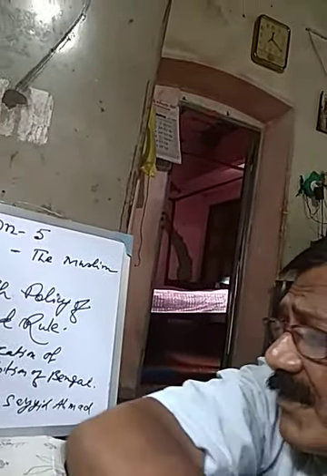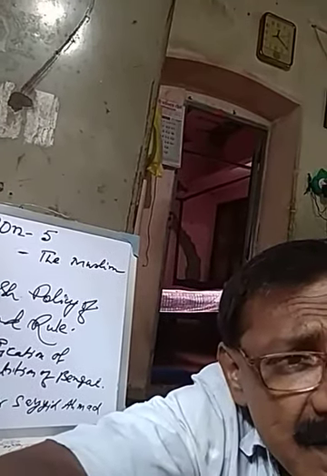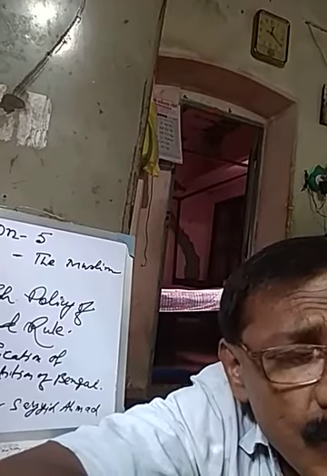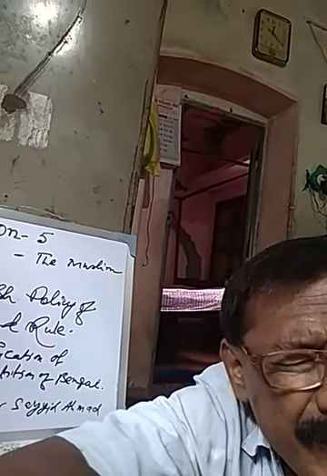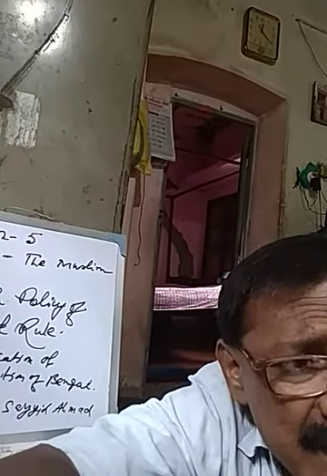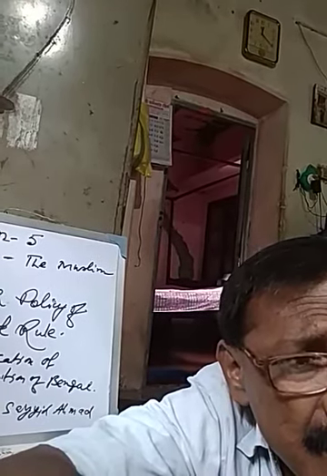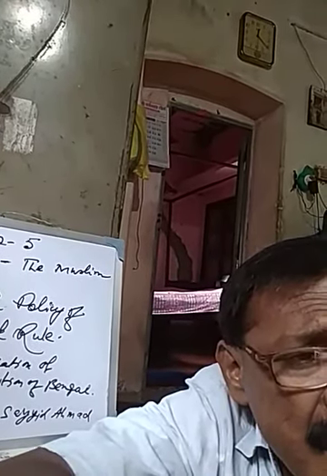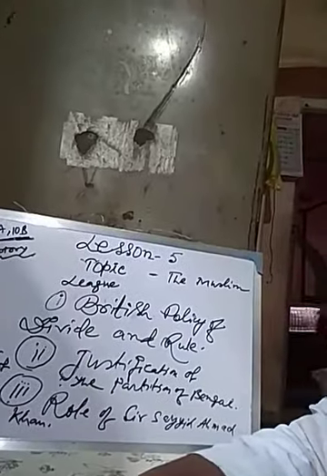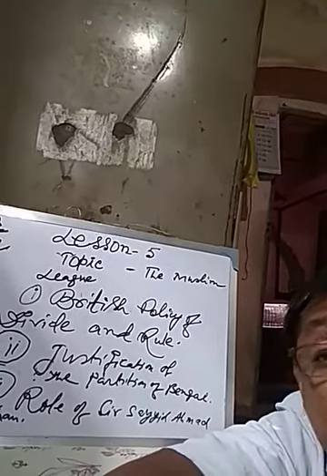And apart from this, Lord Curzon's view was that the partition plan was adopted not only to serve the administrative purpose of the British, but also to weaken the unity between the two communities, the Hindus and Muslims.